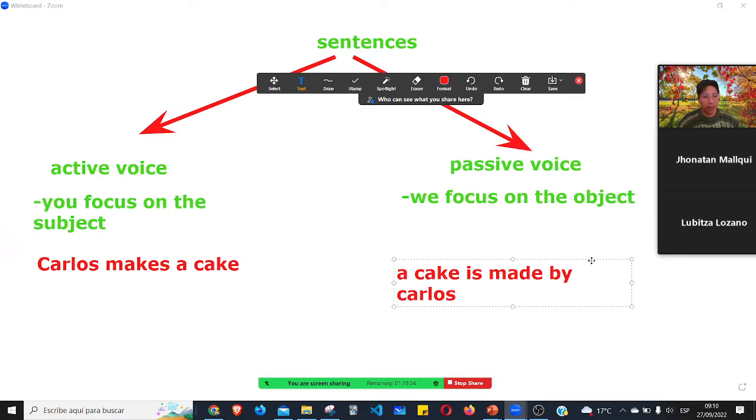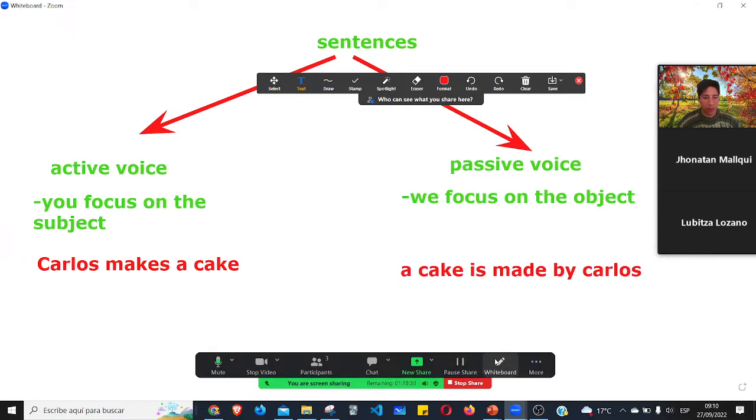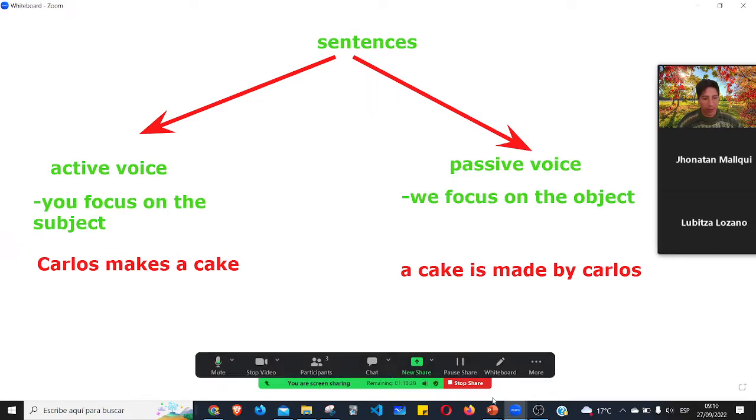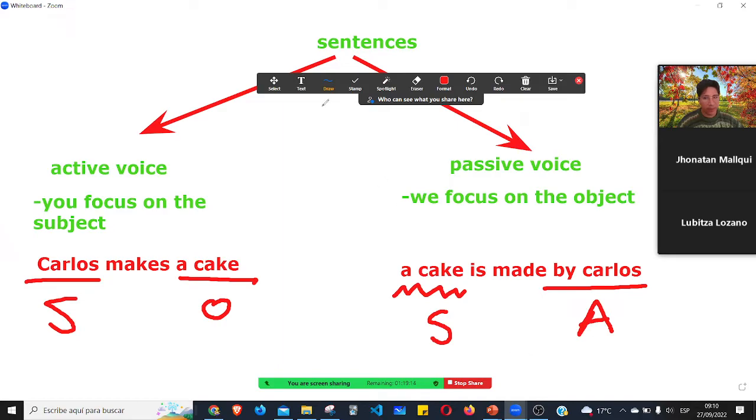We focus on the cake because now the cake is the most important part here. So this is our new subject. Here a cake is the object, but here it is the subject. Here is what we call the subject, but now we call it the agent. Okay? We call it the agent.